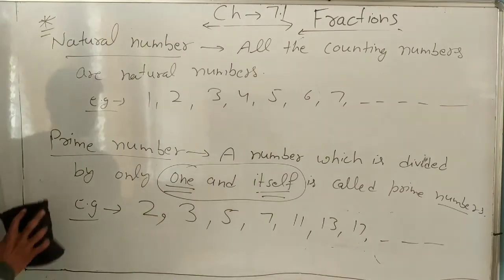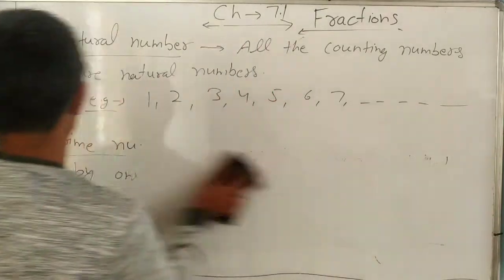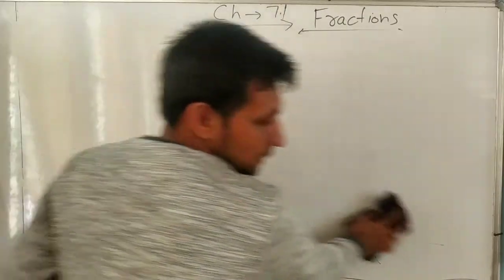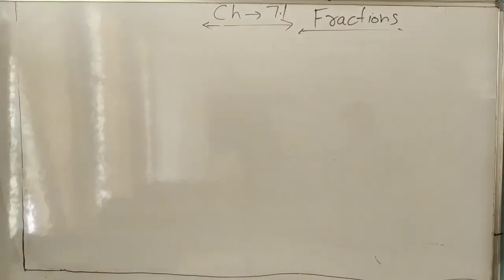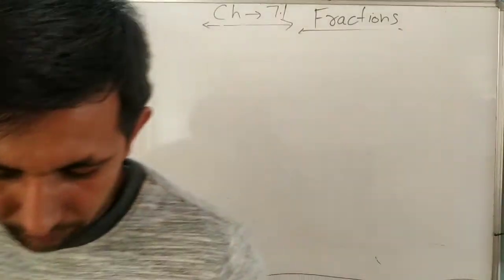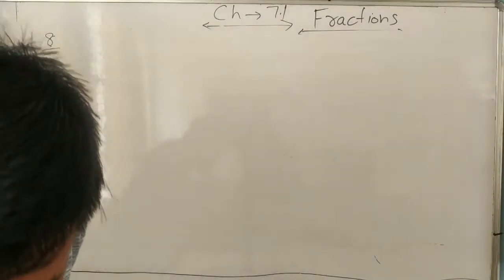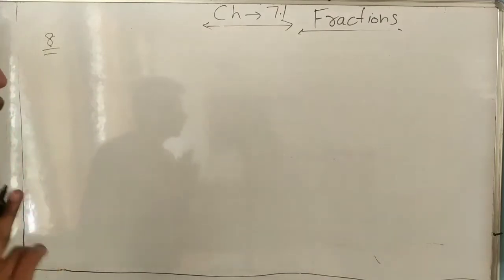Okay. Next is question number 8. Write the natural numbers from 2 to 12.